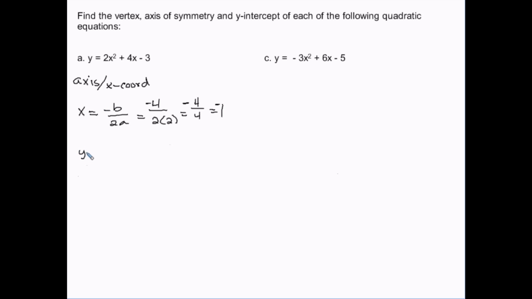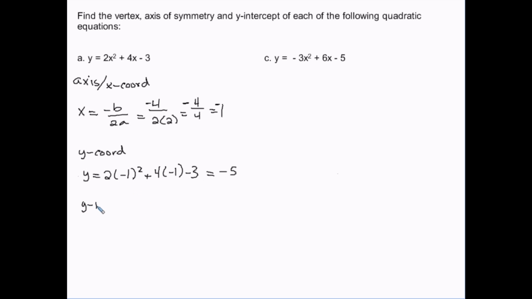To find the y-coordinate of the vertex, I'm going to plug in negative 1 into this equation. So I replace my x's with negative 1. I get 2 times 1, which is 2, minus 4, which is negative 2, minus 3, so that's negative 5.